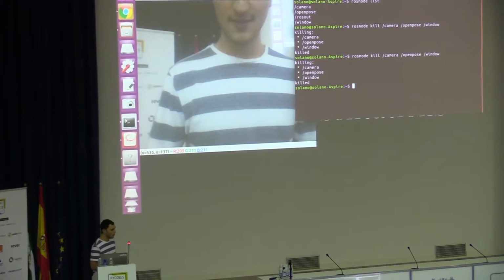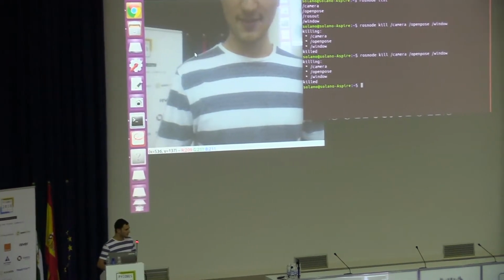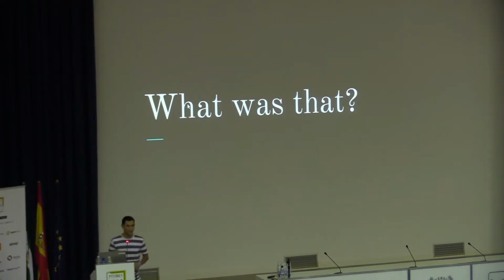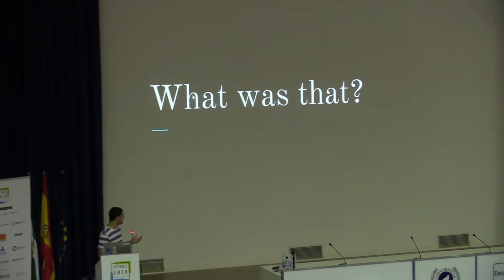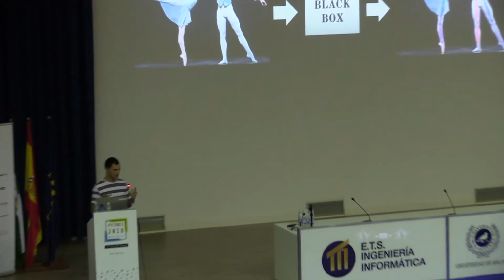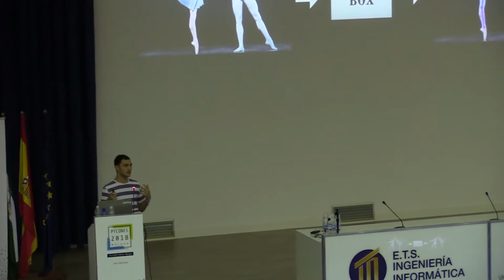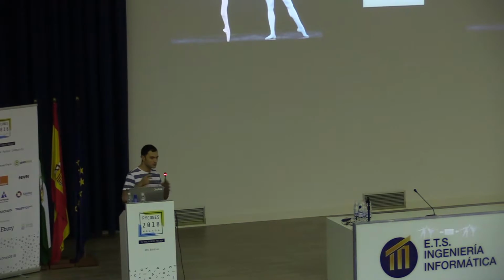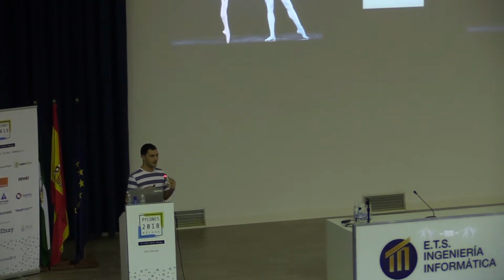But what is happening here? Let's get back to the presentation. What was happening there? Imagine that the laptop was a black box. It's reading input frames from the webcam, doing some processing and returning some sort of skeletons that represent the state of the people in the image.